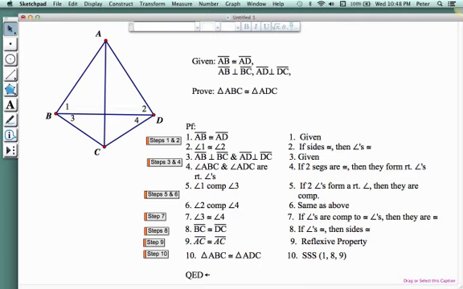Guys, that's the proof of the hypotenuse leg theorem. So you'll notice that all we knew at the beginning was that we had a leg of right triangle ABC congruent to a leg of right triangle ADC. And in this proof, we had the hypotenuse AC congruent because it was shared by both the right triangles.